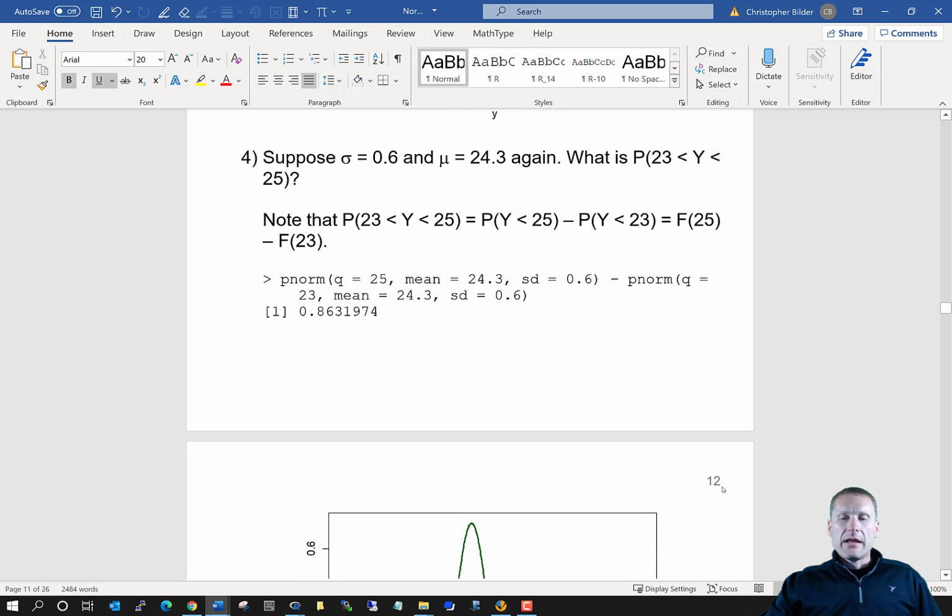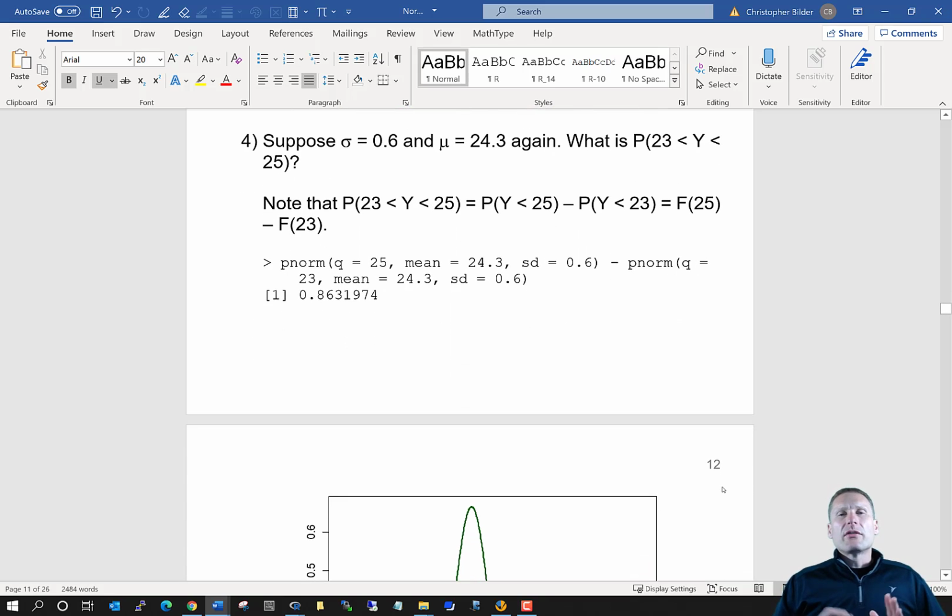Okay. Now let's suppose that we want to know what's the probability that y is between 23 and 25. The easiest way to find this is to think again in terms of the CDF. I can break up this probability statement into two parts. The probability y is less than 25 minus the probability y is less than 23.